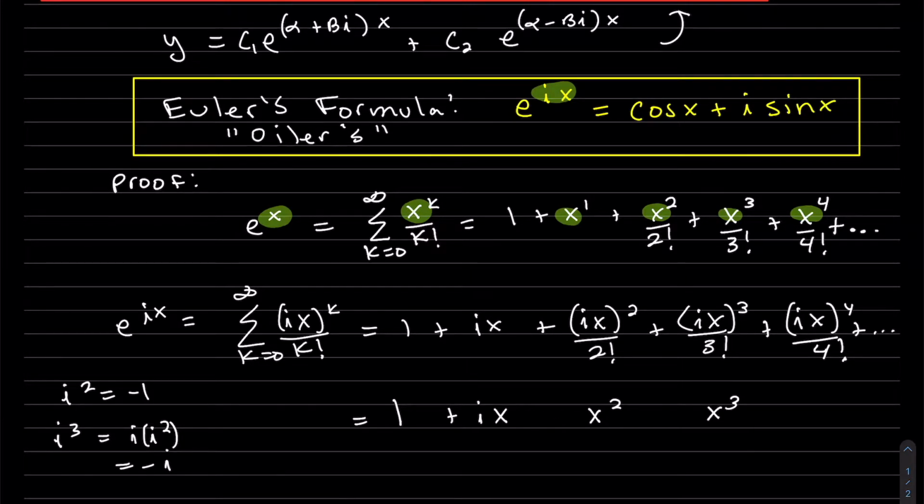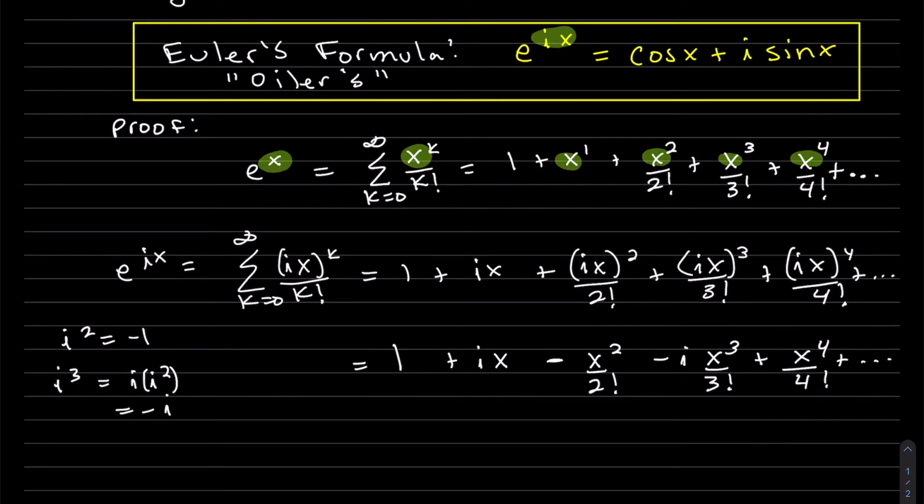So this is minus i. And here, i to the fourth will just be minus 1 times minus 1 because it's i squared, so that's x to the fourth. Then dot, dot, dot. And let's not forget our 4 factorial, our 3 factorial, and our 2 factorial. We don't need 1 factorial and 0 factorial there.